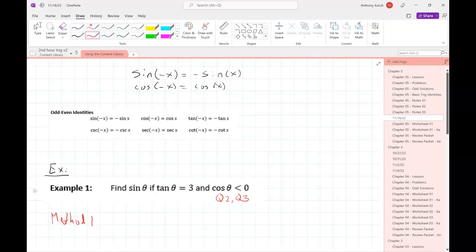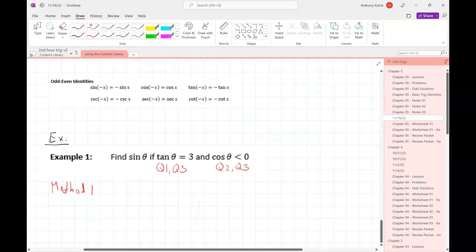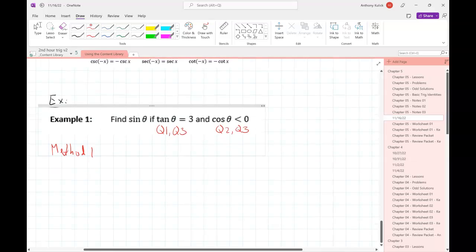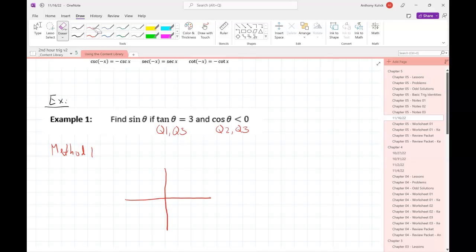So what quadrants does tangent have to be positive in? 1 and 3, because we need both the x and y's to have the same sign, because tangent is y over x. Okay, so if I do that, and I draw my picture, let's use different colors here.